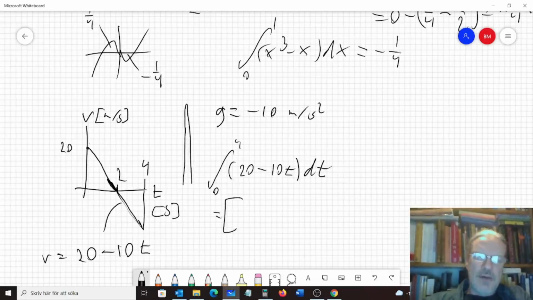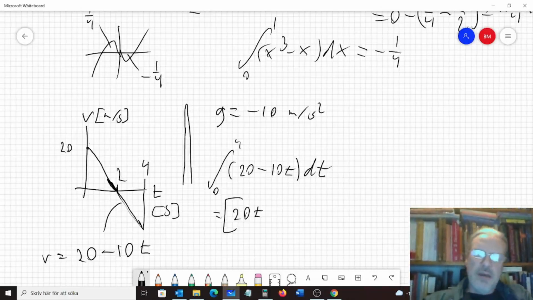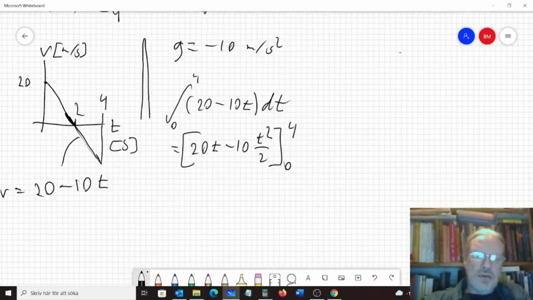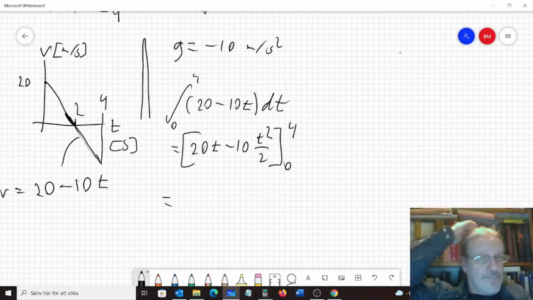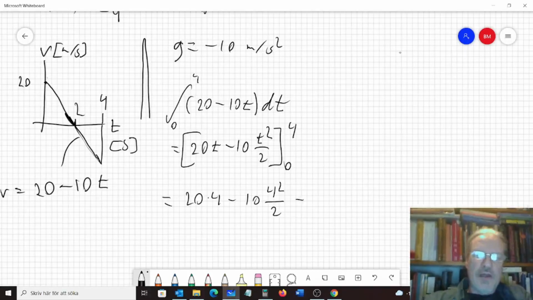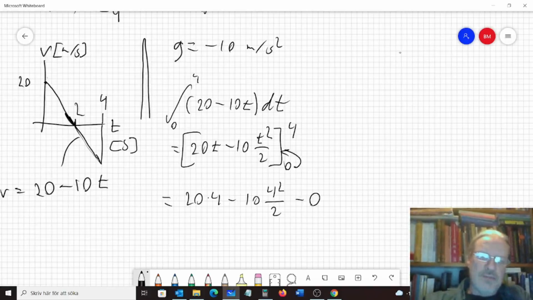20 will give us 20t. Remember now, our variable is t, minus 10 times t squared over 2, from 0 to 4. We plug in 4 into this, so that will be 20 times 4 minus 10 times 4 squared over 2, and then we plug a 0 into all of this, and we can see that that will become 0.